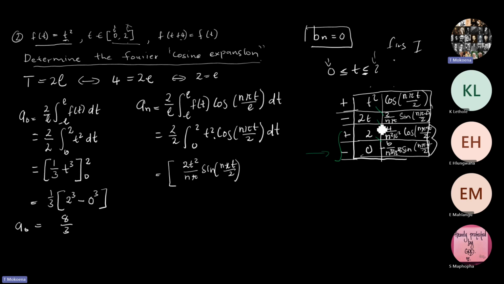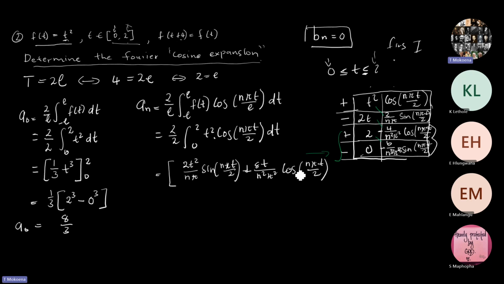Negative 2t multiplied by negative 4 over n squared pi. So that means we're going to have positive 2 multiplied by 4, it will be 8. We're going to have 8t divided by n squared pi squared cos of n pi t over 2.